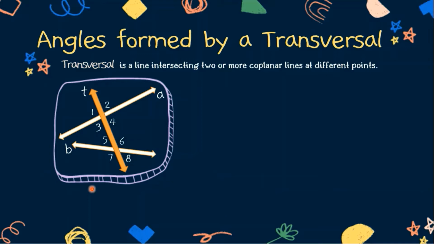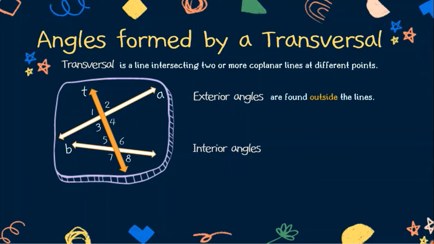So in this figure, when two lines are intersected or cut by a transversal, we can form 8 angles. Some of the angles are known as the exterior angles. Others are known as the interior angles. Exterior angles are found outside the lines, while interior angles are the angles found inside the lines.